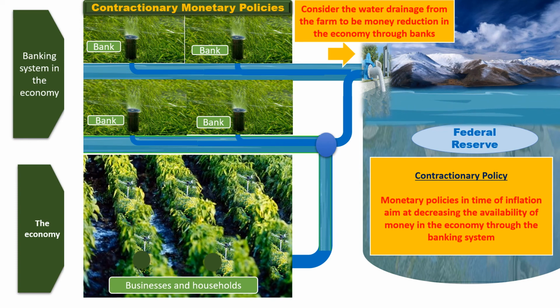So contractionary monetary policies intend to reduce the circulation of money in the economy. And our illustration here is looking at the water being directed from the garden or the economy towards the Federal Reserve, which is our water source.